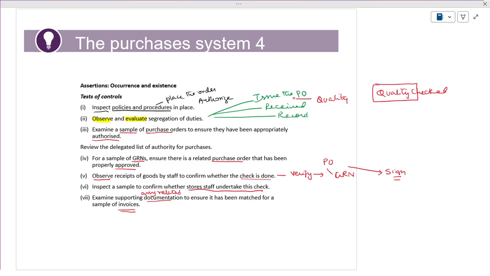If available, I am very clear in using my words, then you have to match it. Okay, this is the process whenever there is occurrence and existence. It looks detailed, but the moment you do the examination questions, it makes it very easy for us, because we are covering it here in detail. Are you clear about this?